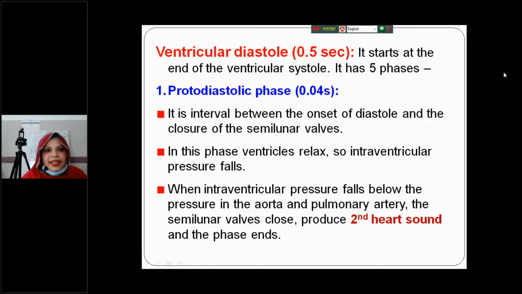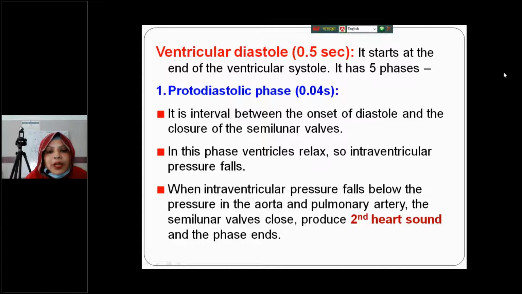Just see here the description of ventricular diastole. The ventricular diastole starts at the end of the ventricular systole. It has 5 phases. The first one is the protodiastolic phase, the interval between the onset of diastole and the closure of the semilunar valve.